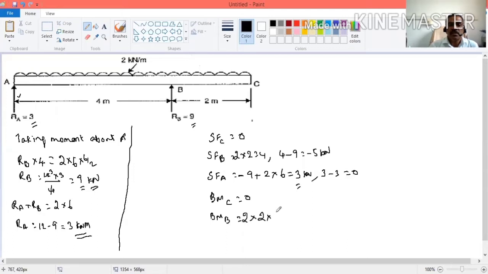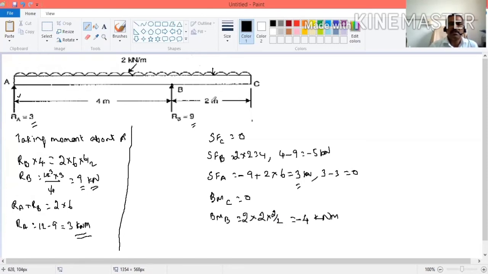The total distance is 2, so it will act at the center, 2 by 2, which is 1. So it is 4 kilonewton meter, with a minus sign. This is minus because we are calculating the bending moment at this point, and the right side clockwise moment is taken as minus. So minus 4 kilonewton meter at this point.